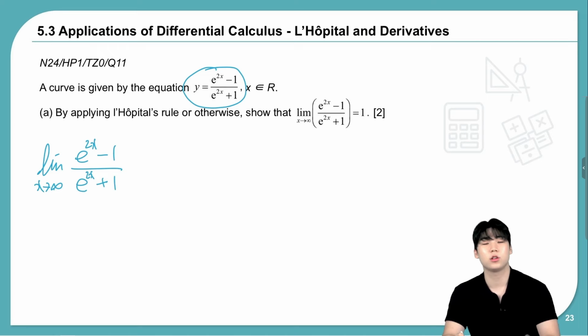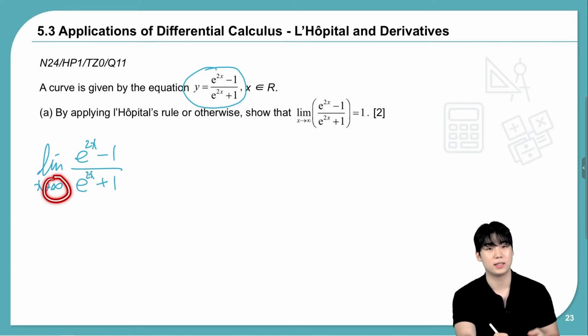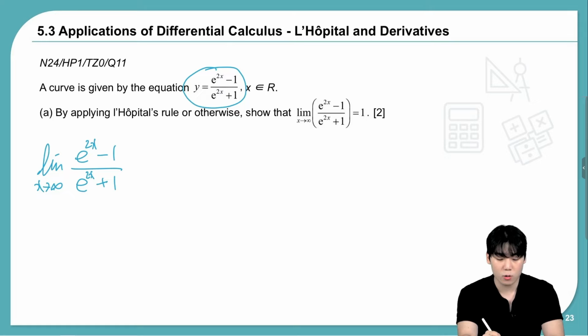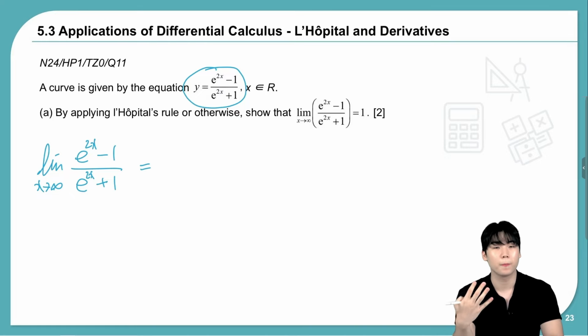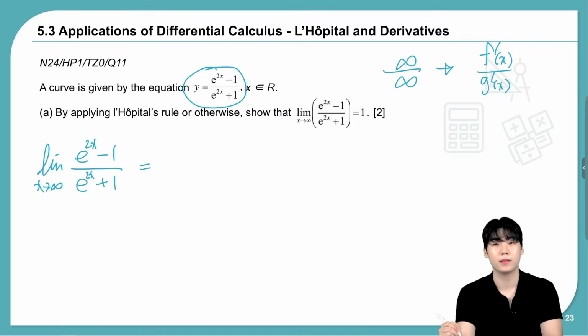When we try to solve the limits, we basically try to sub in whatever x is tending to. When we sub that in, we get infinity over infinity. So that's how we can apply L'Hopital's rule. It states that if it's infinity over infinity, we can do f prime of x over g prime of x.